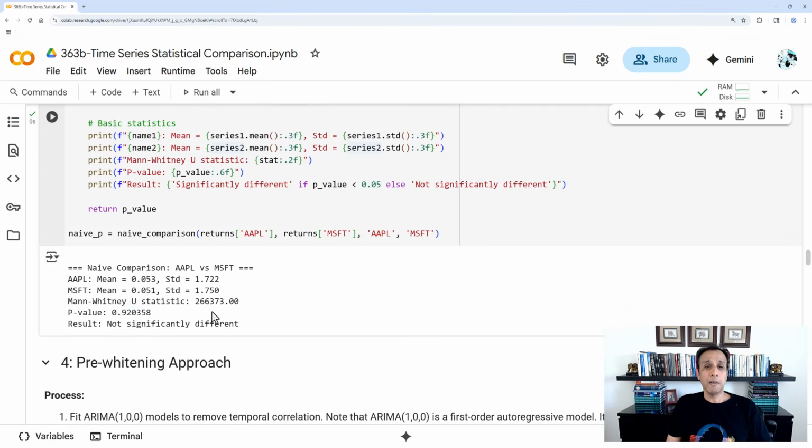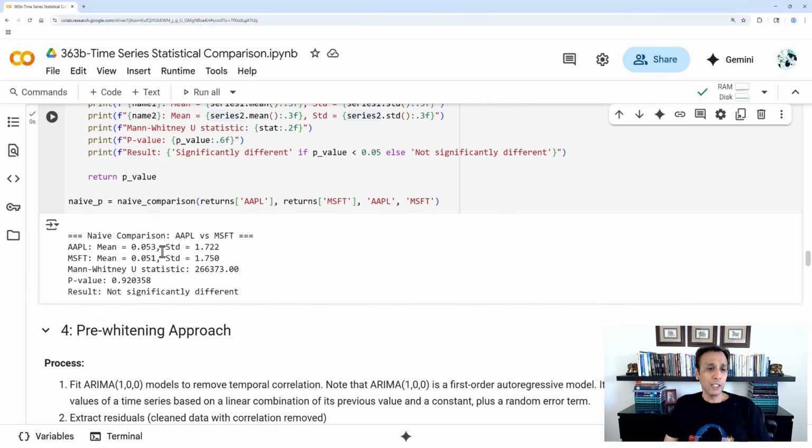That means basically our null hypothesis that both these data sets are not significantly different is not disproven. That's a double negative, but what that basically means is there is no significant difference between these two data sets. Okay, so that is from our naive comparison. This is what we get.